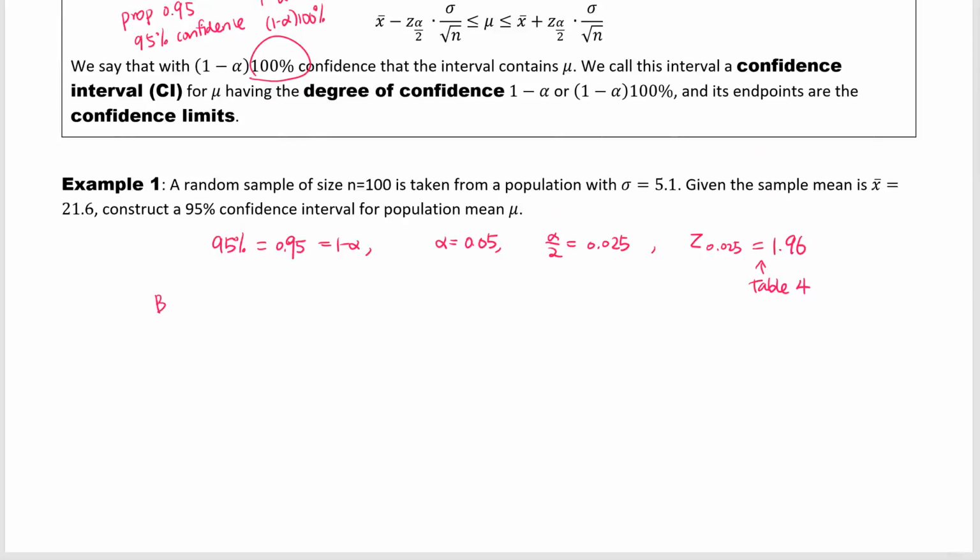Okay, so by the confidence interval formula, we get x bar. What's x bar? 21.6 minus Z alpha over 2, which is 1.96, times sigma is 5.1 over square root of n, which is 100, less than or equal to mu, less than or equal to the same thing on the left, but replace minus by plus.